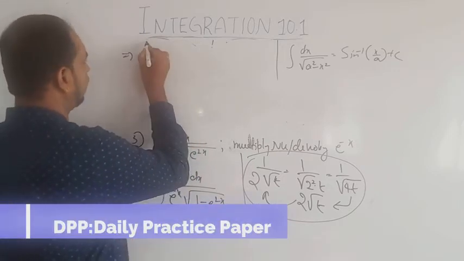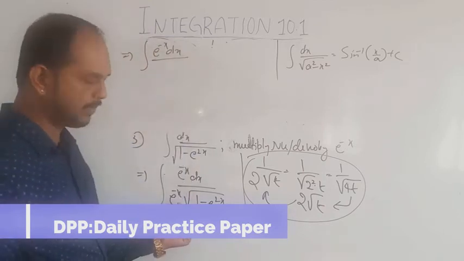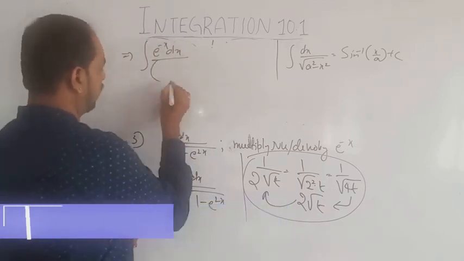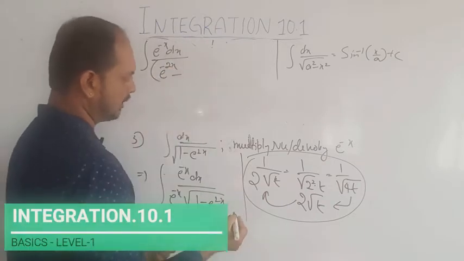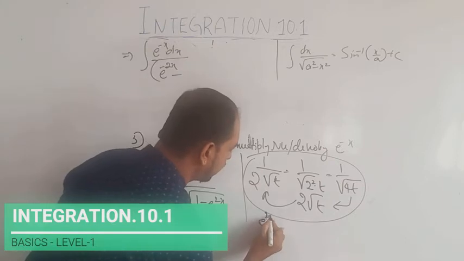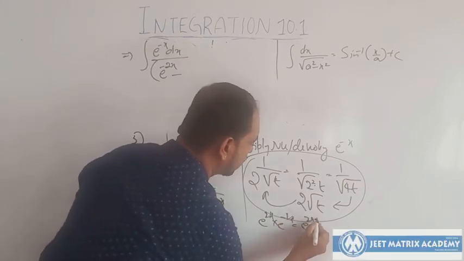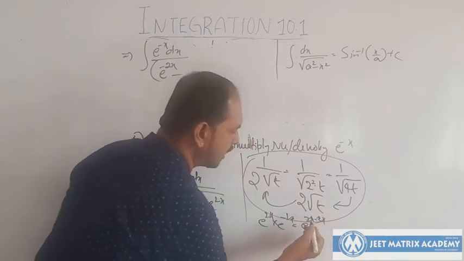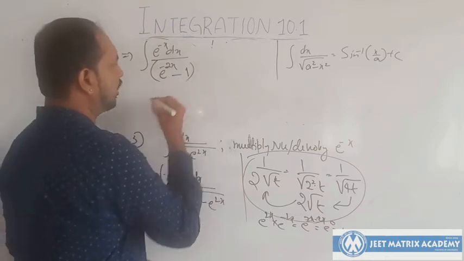What happens? The numerator is as it is. Now I am taking it inside, so it will be squared. So what happens? E to the power minus 2x minus, see now, e to the power 2x into e to the power minus 2x. What happens? E to the power 2x minus 2x, you can see e to the power 0. E to the power 0 is 1. So I can write 1.